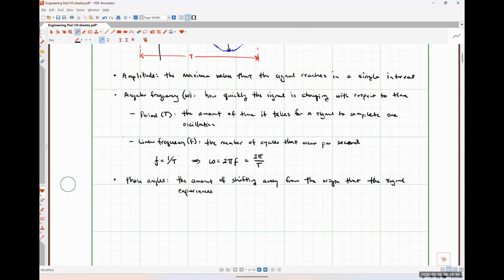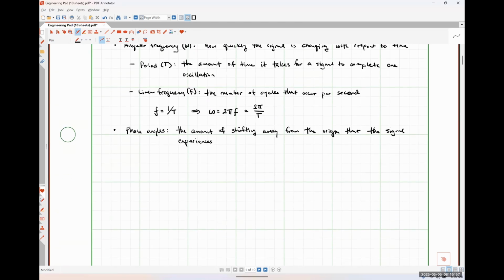So generally speaking, we can say that positive phase angles represent a time shift to the left, okay? So we're shifting them to the left. So that means that they are beginning their cycle earlier than we would expect.